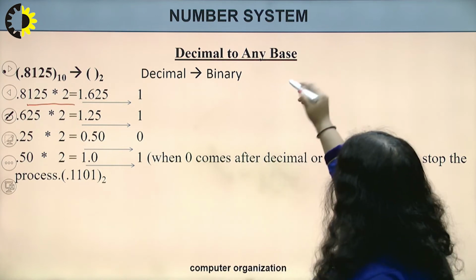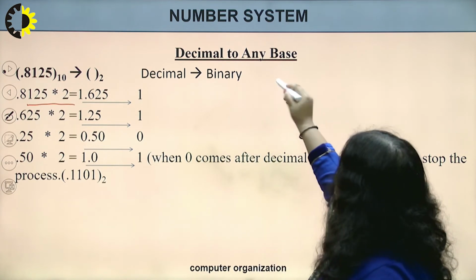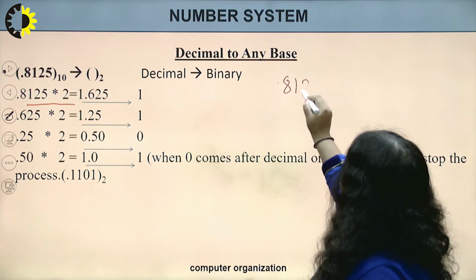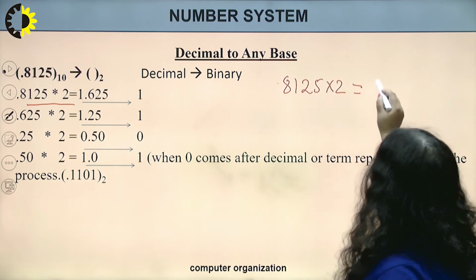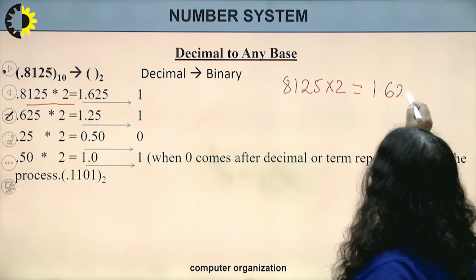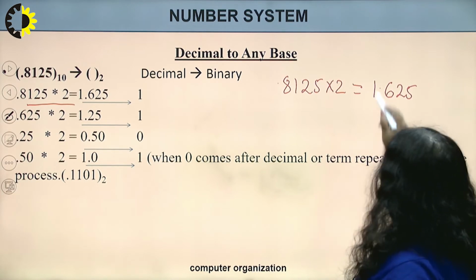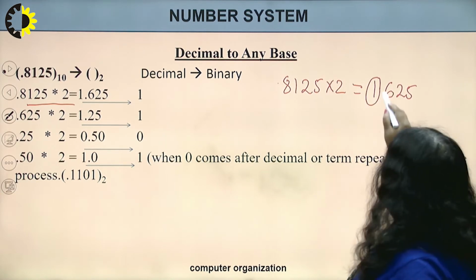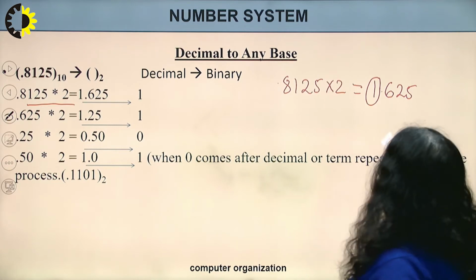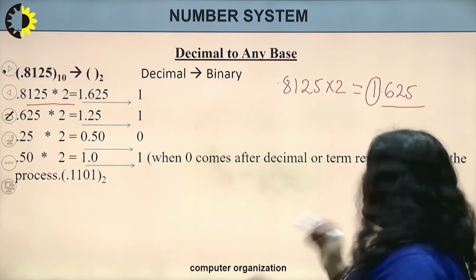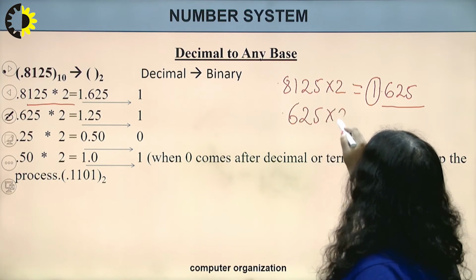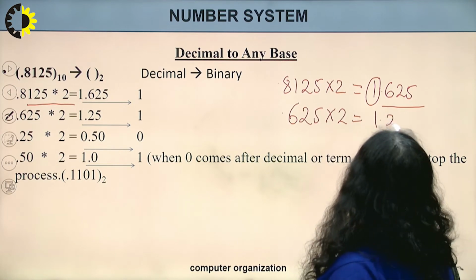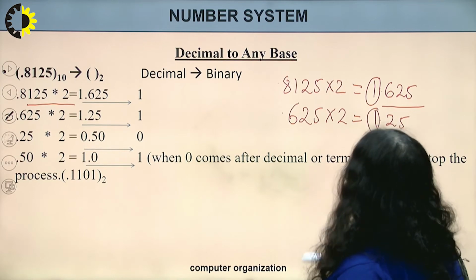Let's take 0.8125 multiply by 2, then the result is 1.625. We take the integer value, that is 1, and then take the fractional part, 0.625, and multiply by 2. The value is 1.25. So the result is 1 in this case.